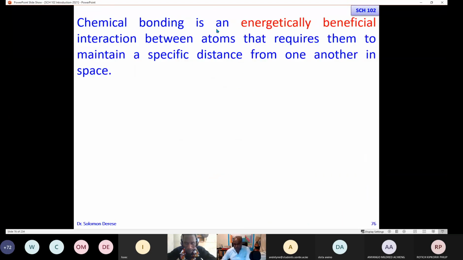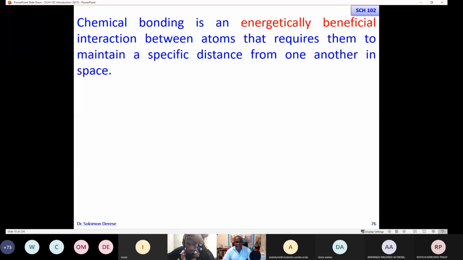So chemical bonding, as I've told you, is an energetically beneficial interaction between atoms. It is an energetically favorable process because as a result of the formation of a bond, either covalent or ionic, the atoms are going to become stable and have low energy.